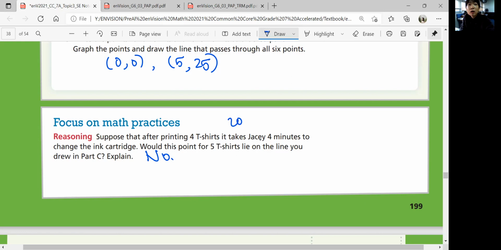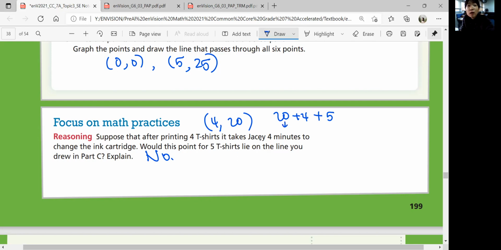4, 20 was our last point, right? But after you print 4 t-shirts, from 20 minutes, you need to add an extra 4 for changing the ink cartridge. And then you add 5 more minutes for printing the 5th one, right?